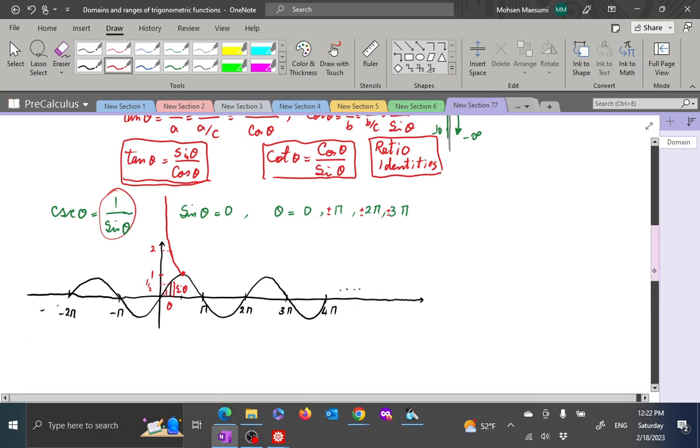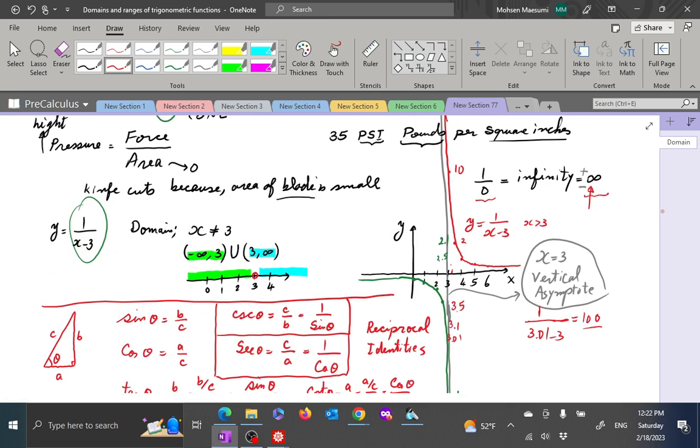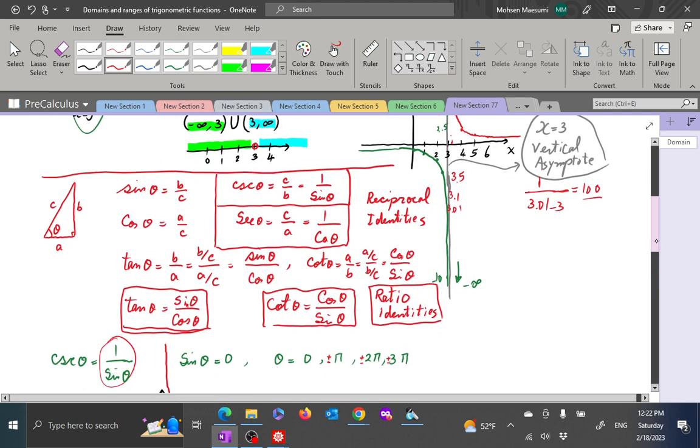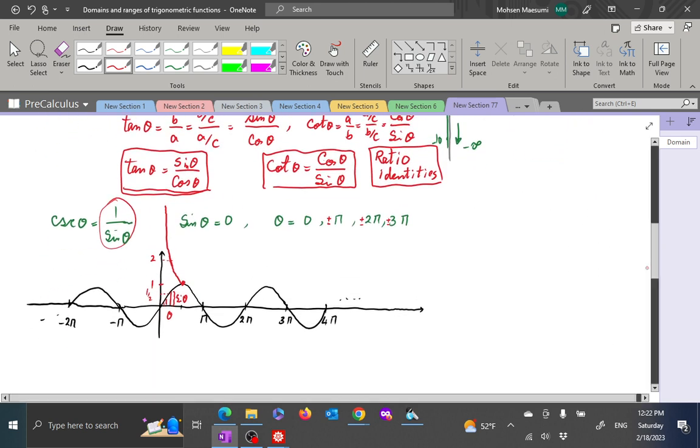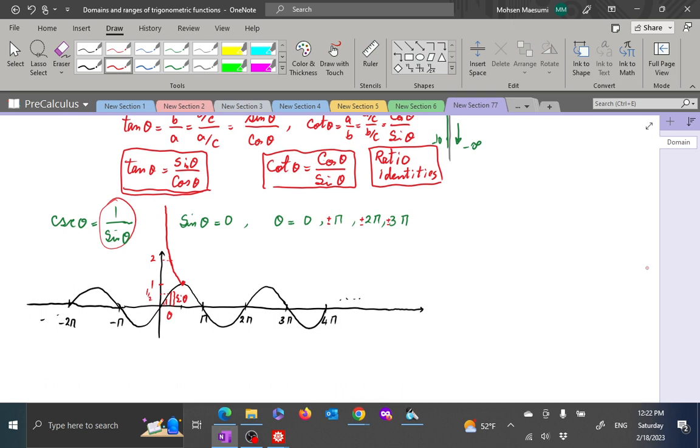Just like the practice we had here, as we were coming close to 3, our value of the function was going to infinity. We are doing the same thing here. As theta becomes small, I'm not going to go through numbers because it's going to distract us. As theta becomes small towards 0, sine of theta is becoming smaller and smaller. The reciprocal of it becomes bigger and bigger.